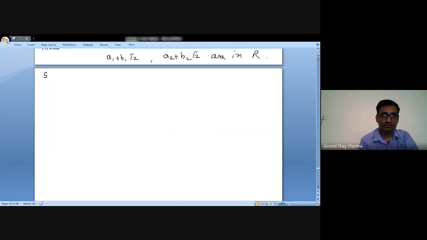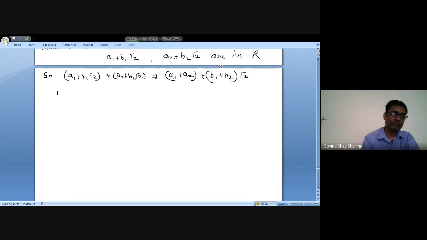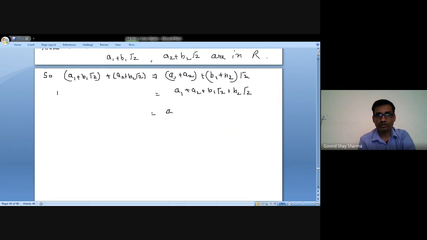So A1 plus B1 root 2 plus A2 plus B2 root 2. We can write A1 plus A2 and so on.